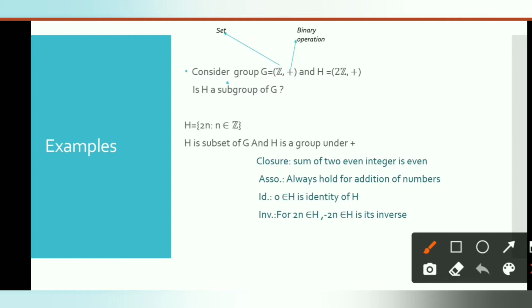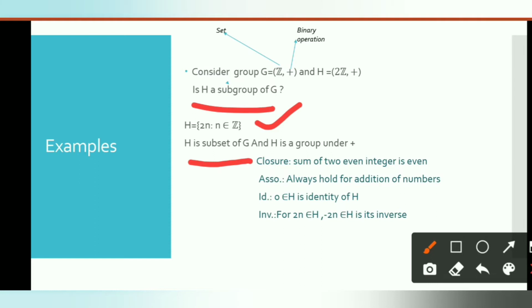Now we have to check whether it is a subgroup or not. Is H a subgroup? Now H contains all the even multiples of Z, so we can write H is equal to 2n, where n is an integer. Now H is clearly a subset of G because all the even integers are also integers.